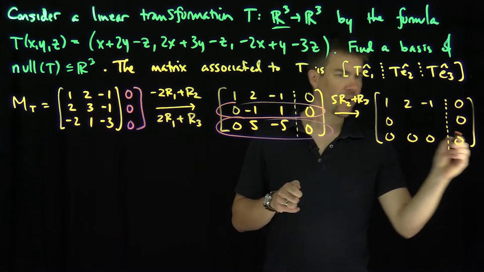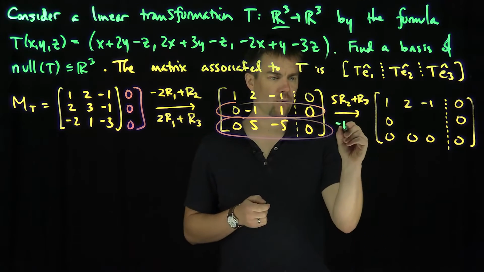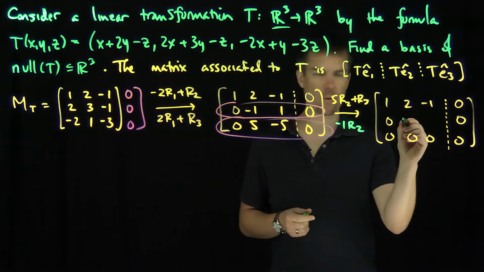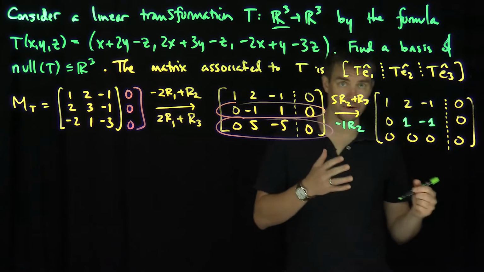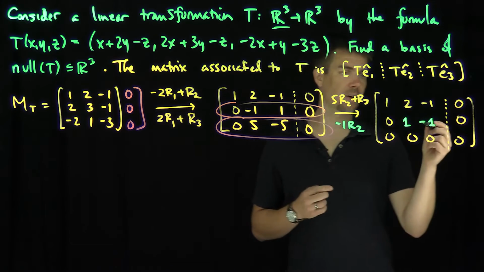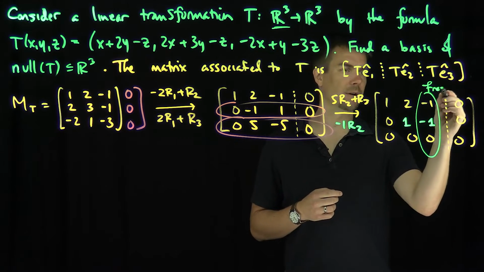Then one final step: negative 1 times row 2, which gives me a 1 and a negative 1. So now I have a row of zeros, which means there is a non-trivial null space, and the third variable does not have a pivot, so that's a free variable.